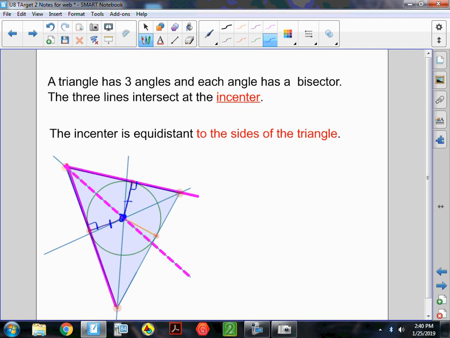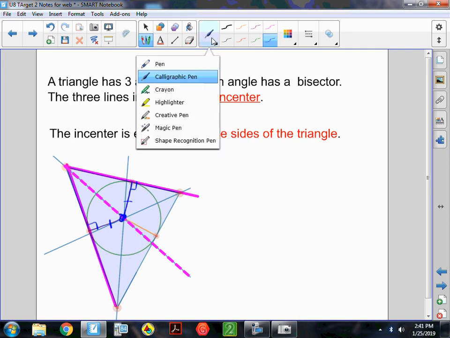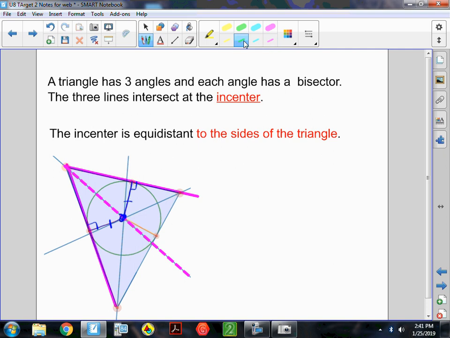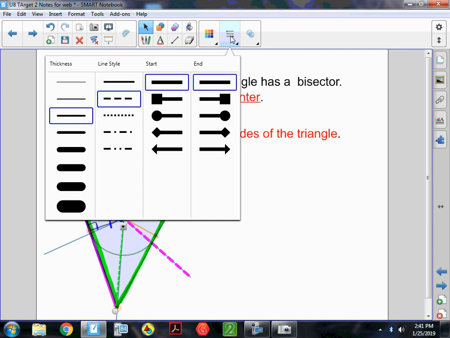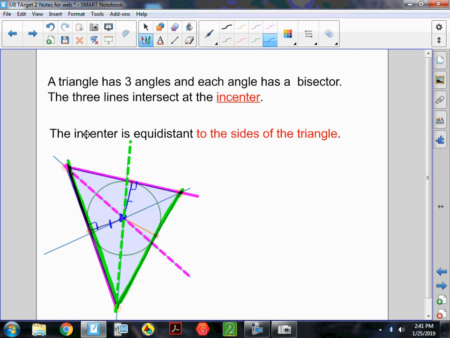Well, if I pick a different angle and I bisect a different angle, let's use green this time. Then my angle bisector for the green line, again, I'm going to make that be the right size and color. If a point is on that second angle bisector, then it's equidistant from its two sides.